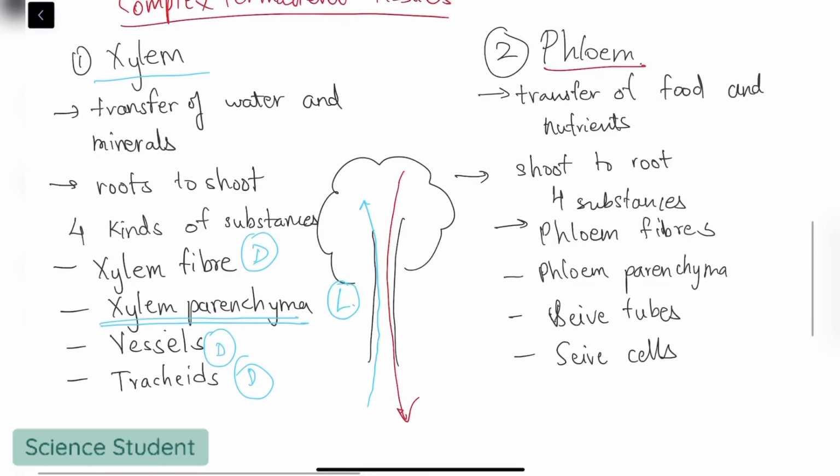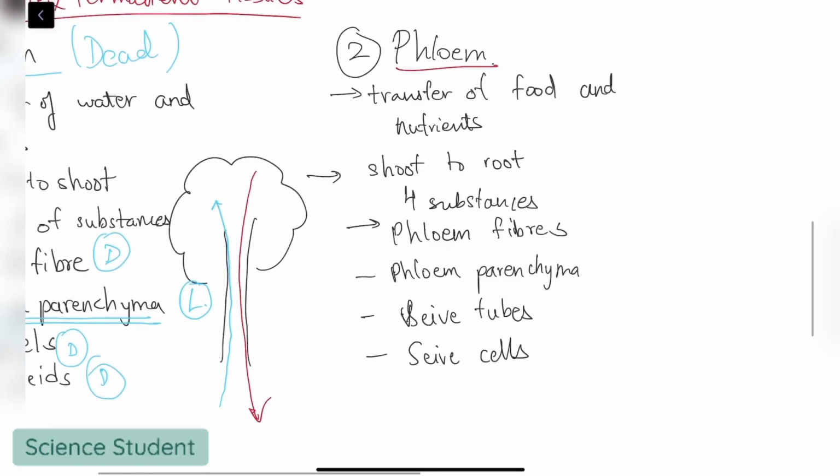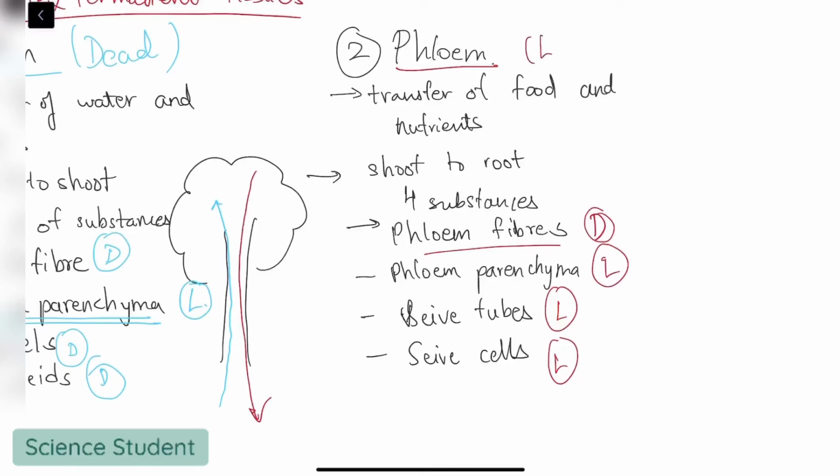Okay, so overall xylem is considered as a dead tissue, whereas in phloem the thing we see is phloem fibers are dead, rest all are living cells. Okay, so overall phloem is considered as a living tissue.